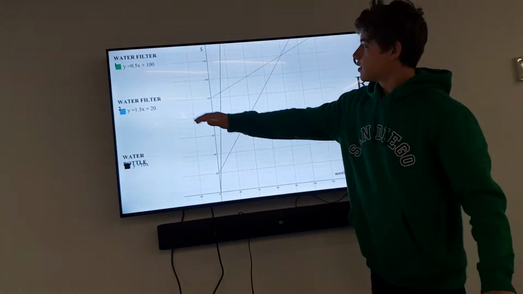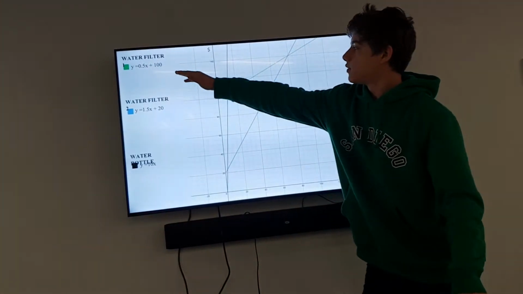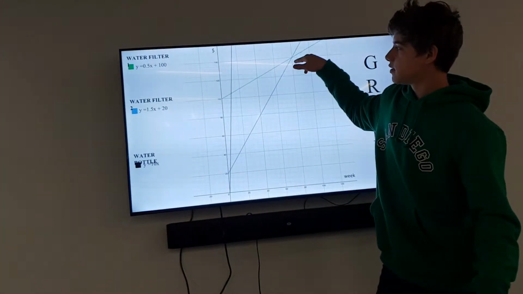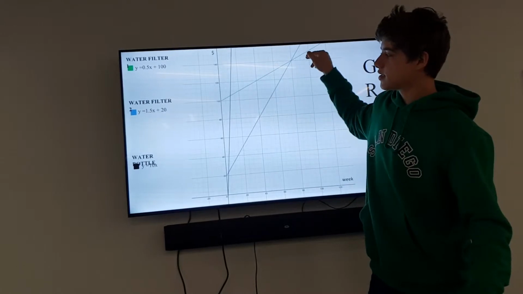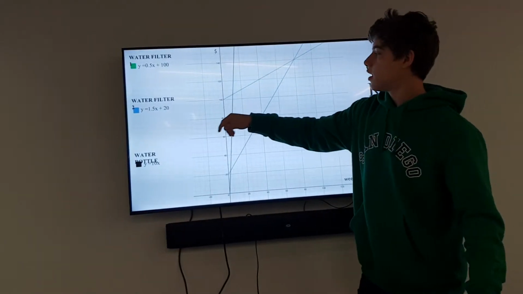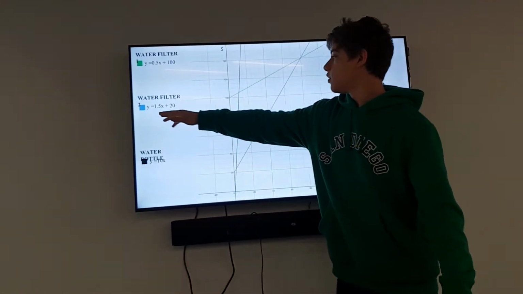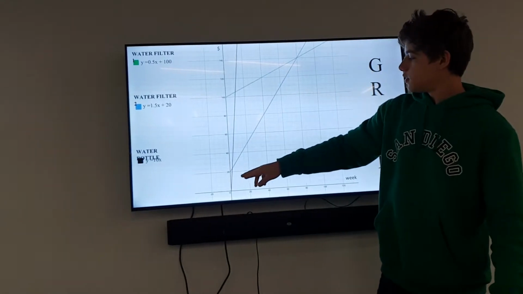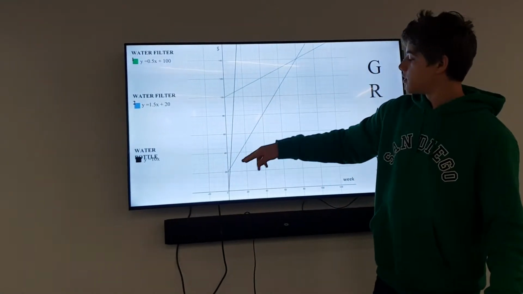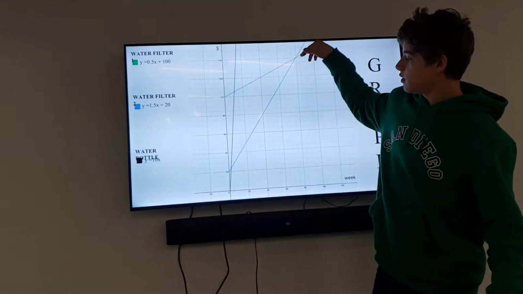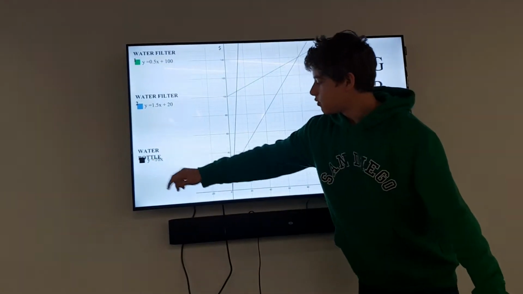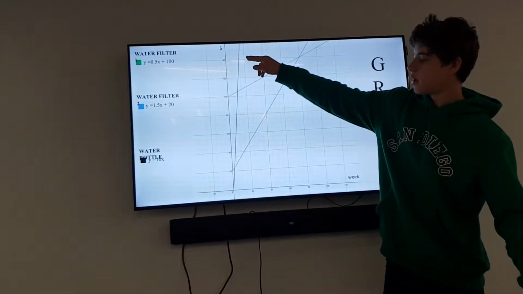The green line represents water filter 1, the most expensive one in starting price. Water filter 2 is shown by the blue line, and the water bottle is the black line.